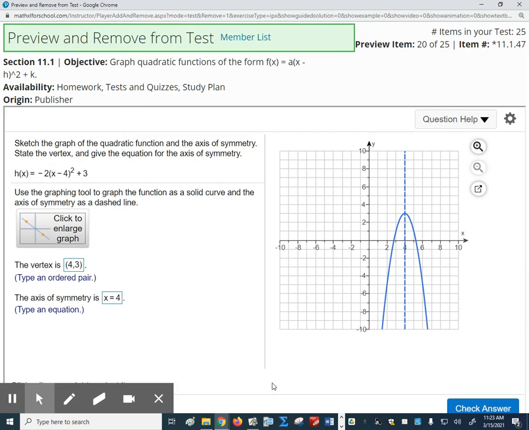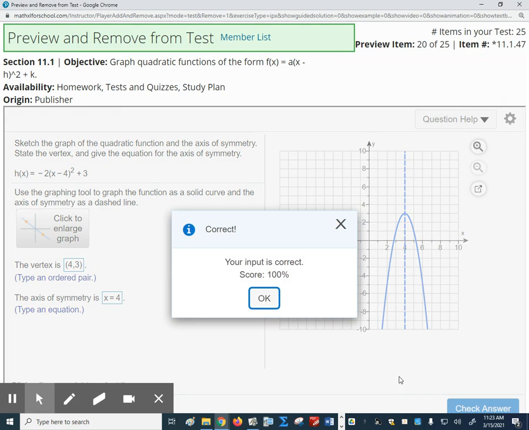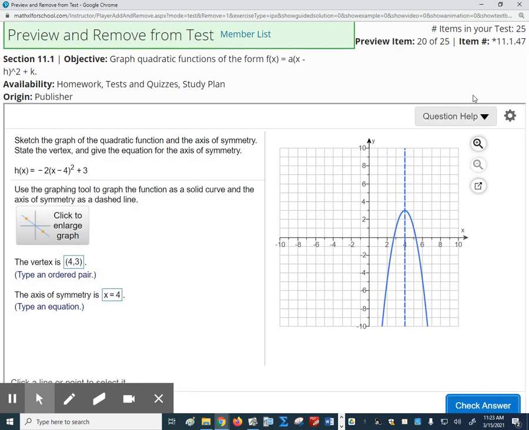That look good? Okay, let's try it. Hey, we got it. What do you know? Okay, here, I'll take a picture.